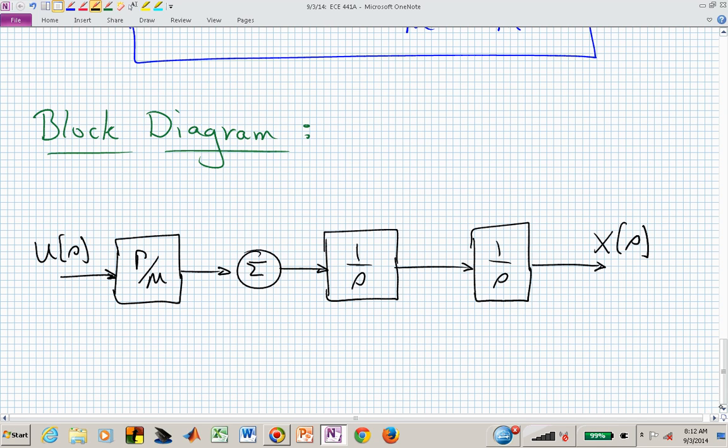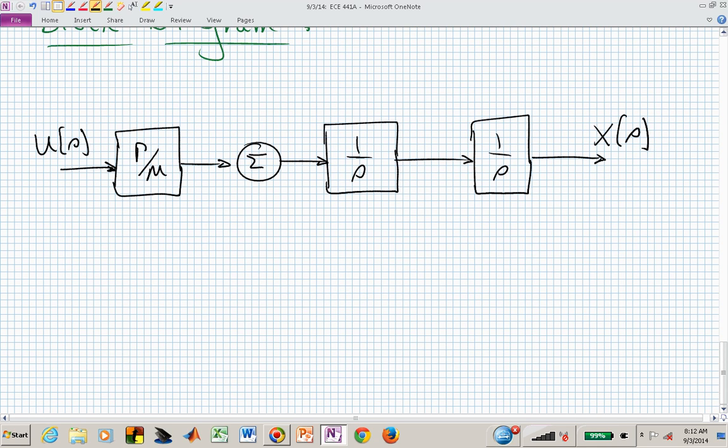And we had more terms going into that summing junction. We had a b over m that was scaling the signal from the first integrator's output.